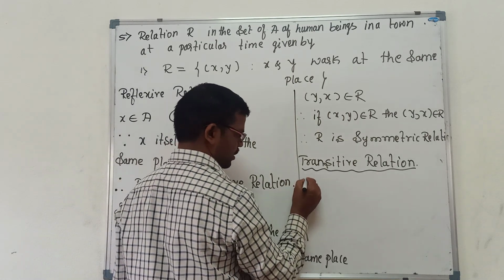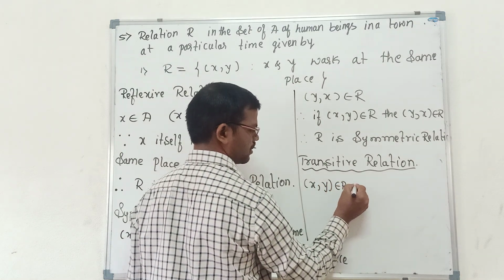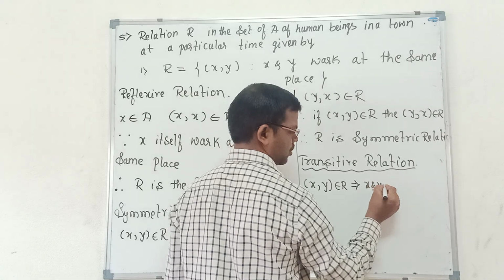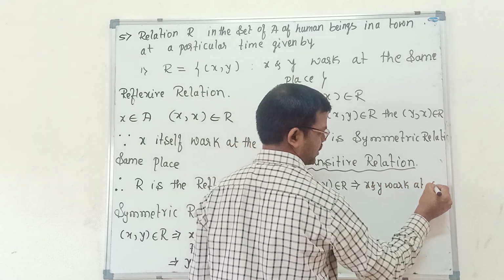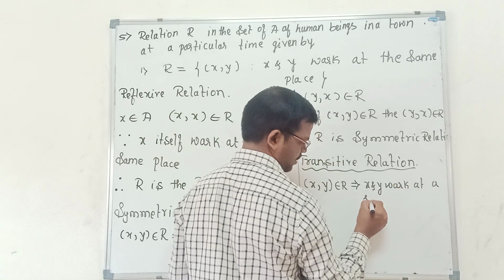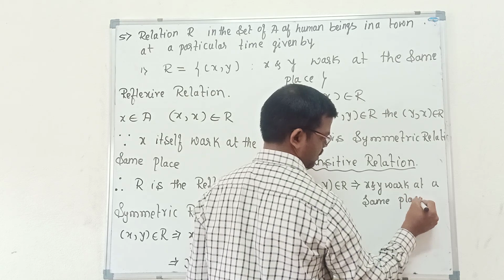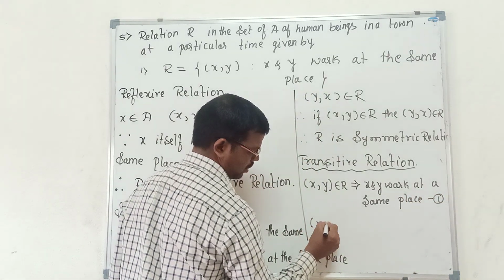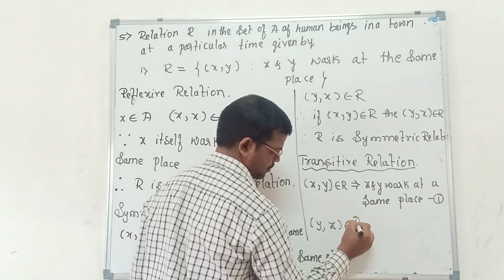For example, (x, y) belongs to R. It implies that x and y work at the same place. Name it as 1. Similarly, (y, z) belongs to R. We need these two pairs.